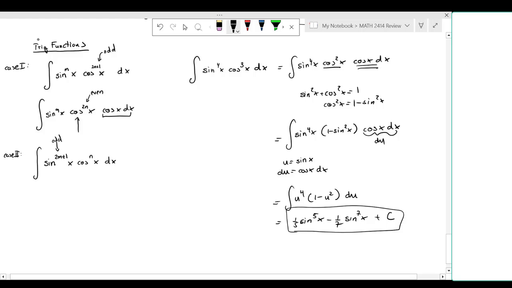Right, so now we just do almost the same thing, except we're going to reserve a factor of sine for the derivative of cosine. So we're going to end up with sine to an even power, cosine to some power, doesn't matter, and then we broke off a factor of sine. Now, because this power for sine is even, you get to use the Pythagorean trig identity, but this time we replace sine squared with 1 minus cosine squared.